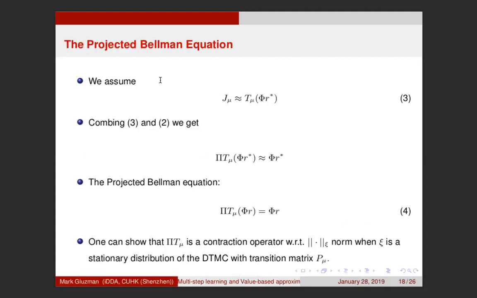In this case, we just get the Bellman equation. However, it's not usually possible that our linear architecture recovers the exact G mu. So we need to make an assumption as in equation 3. Then combine 3 and 2.